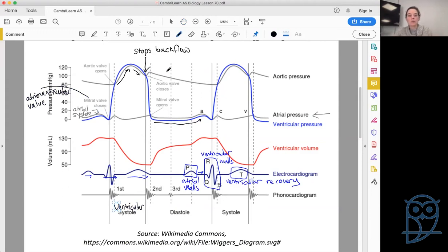So then we go along and we drop pressure until that ventricular pressure is so much that we open that aortic valve again. Aorta builds pressure, it drops with the ventricle until the valve closes, and then it sends the blood on again. So how does this also then relate to volume?